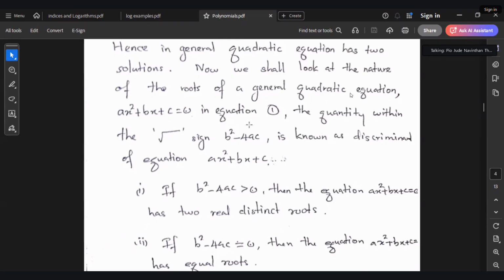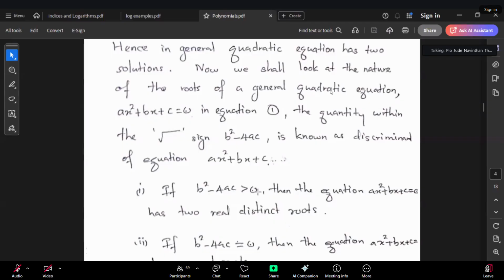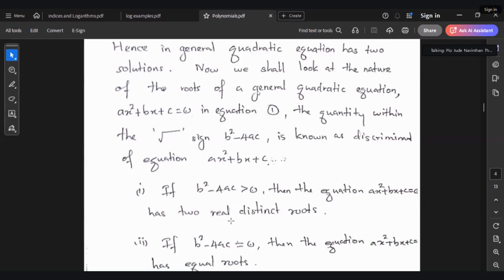If we get a positive value, greater than 0, it may be a half, 5 by 2, 200, anything. Then we can say yes, this equation has two different solutions.